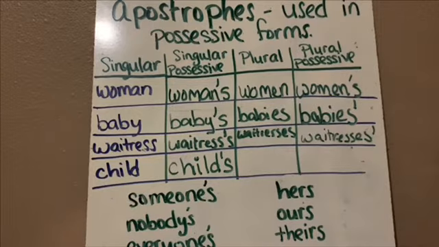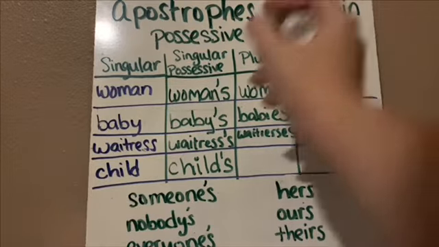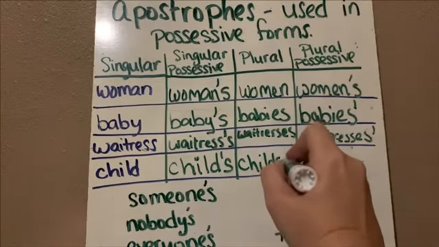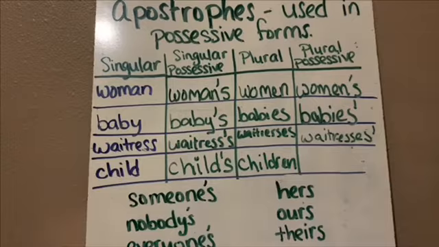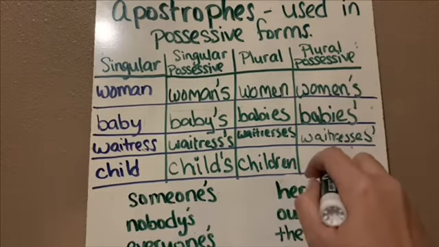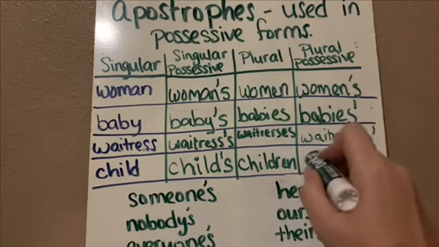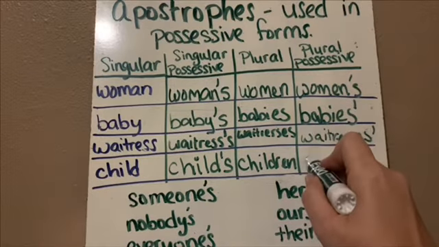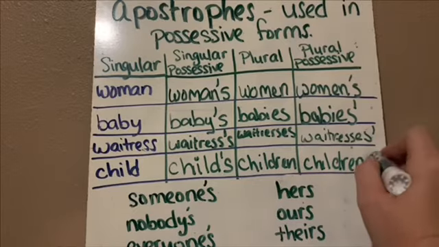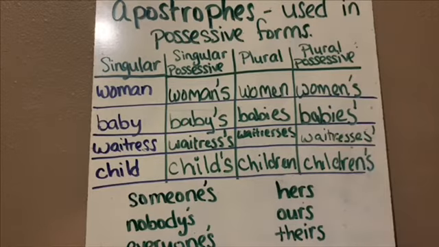Plural of child is children. Okay, this does not end with an S, so my plural possessive form can be apostrophe S, so children's. Okay, all right.